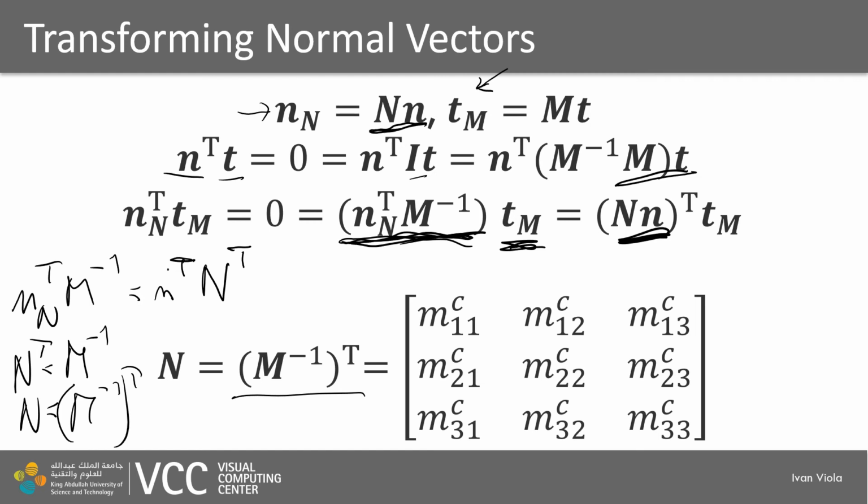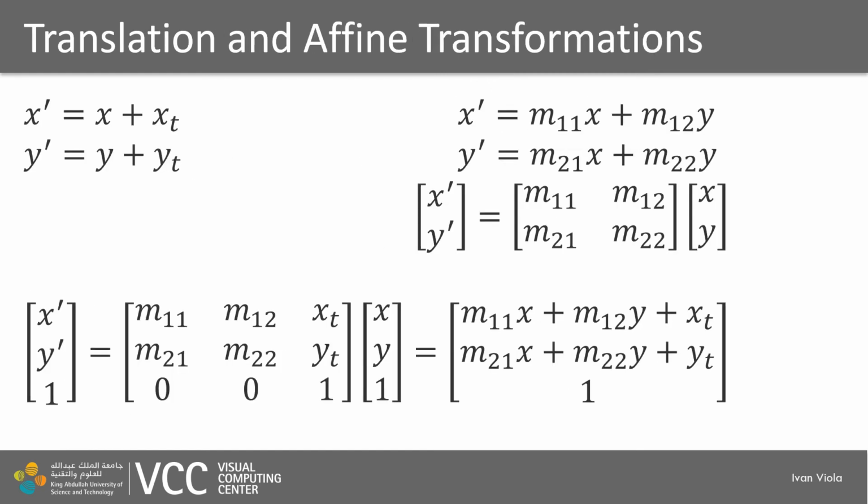So this adjoint matrix is transposed, and this forms our matrix, which we should use for the transformation of normals.